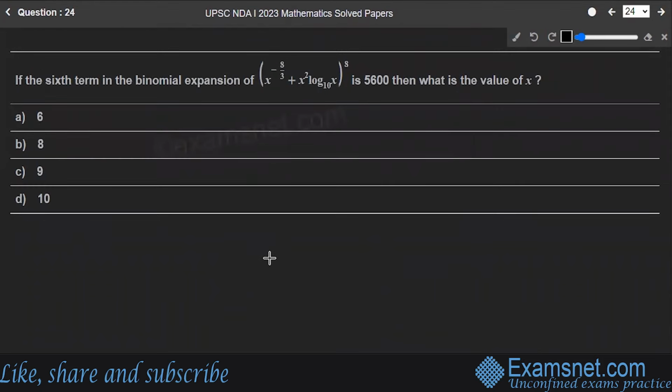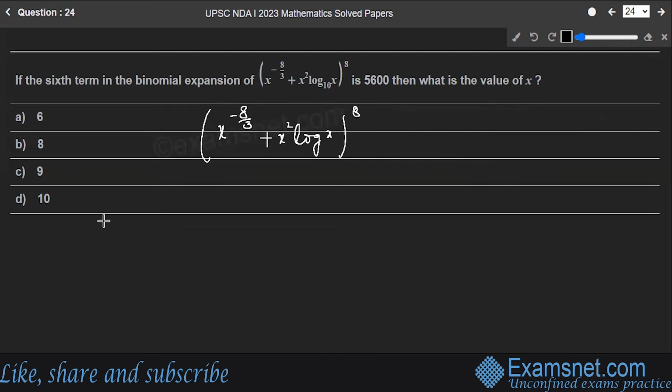If the sixth term in the binomial expansion of this is 5600, then what is the value of x? All right. So the given binomial expression is x raised to power minus 8 upon 3 plus x square log of x to the base 10 upon 8. This is the general binomial expansion.